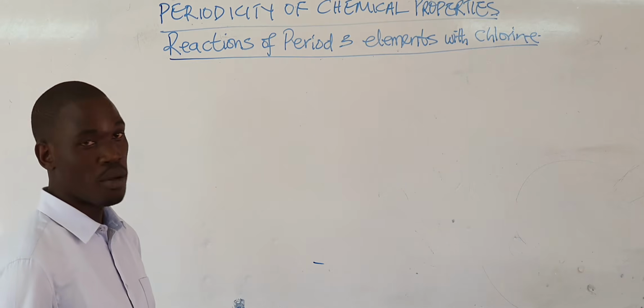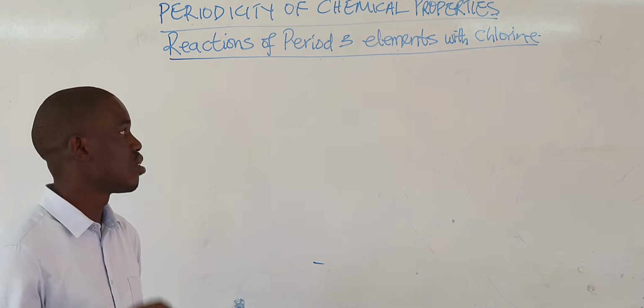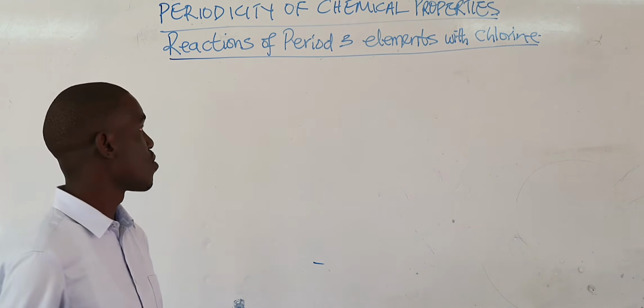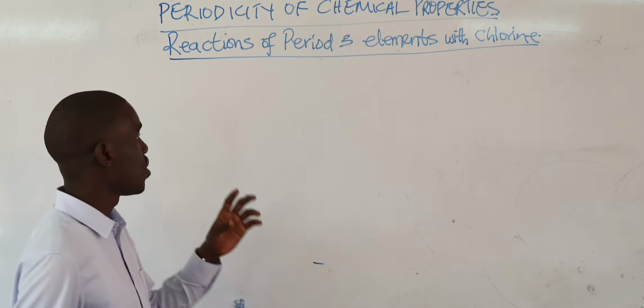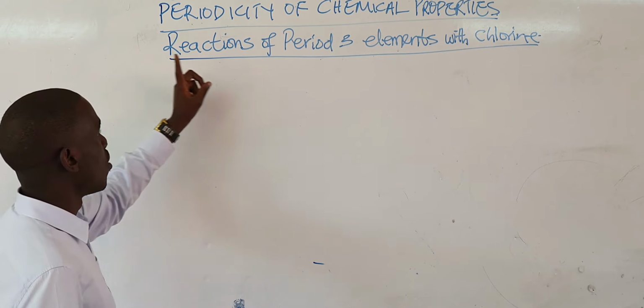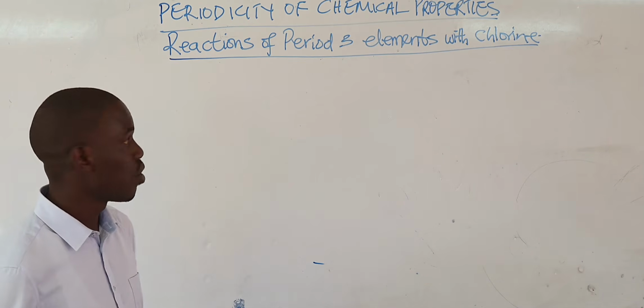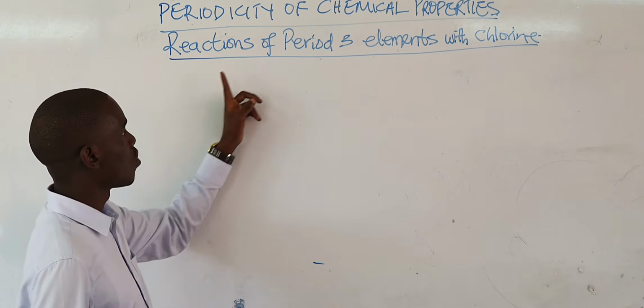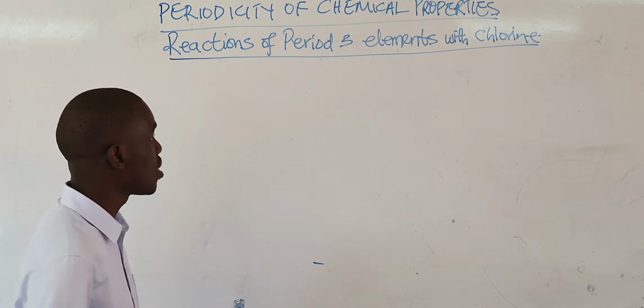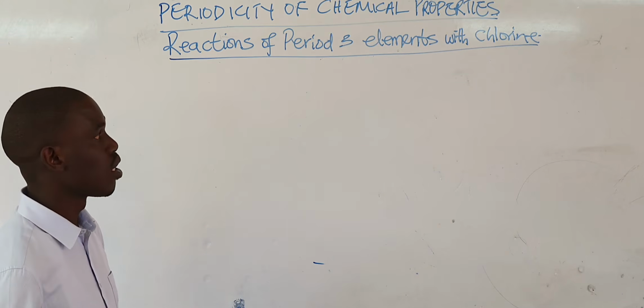So please make sure you reach out and watch those videos. For the purpose of this lesson, we are looking at the periodicity of chemical properties, the reaction of period 3 elements with chlorine.